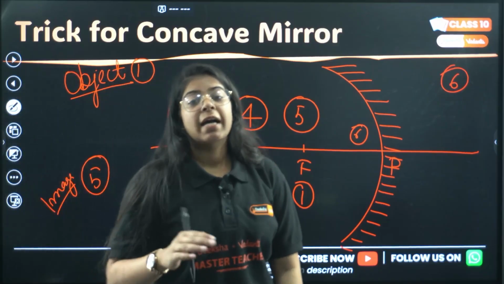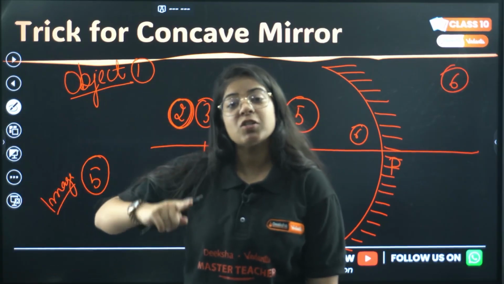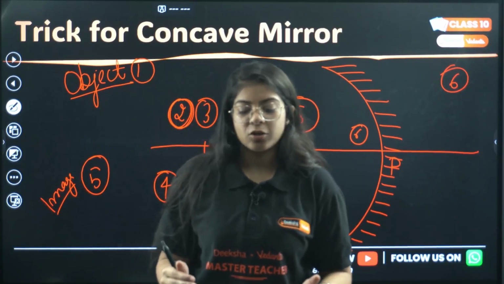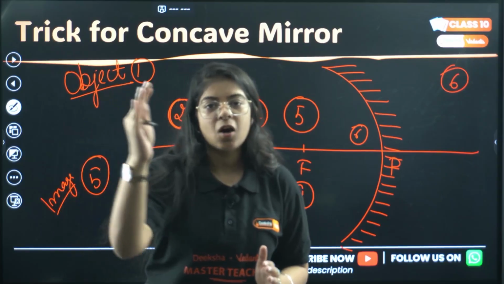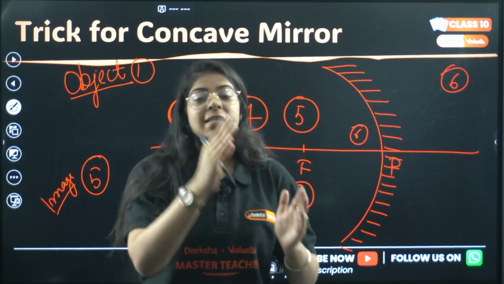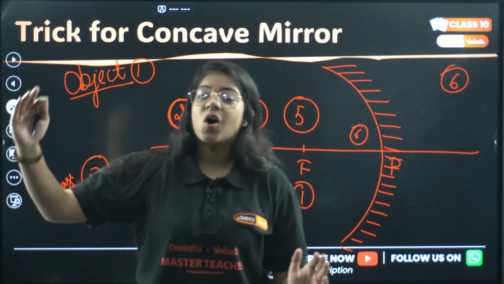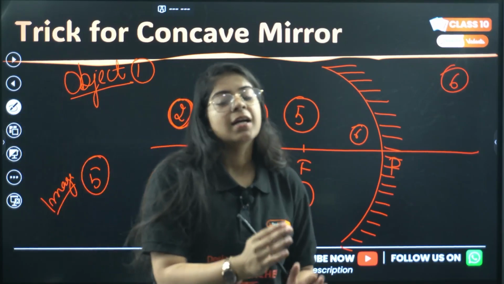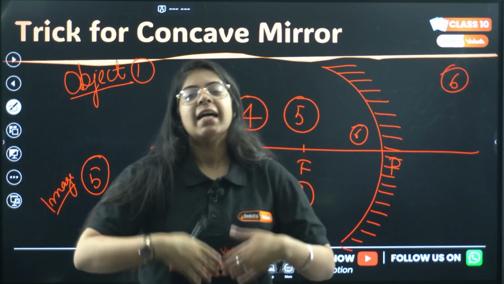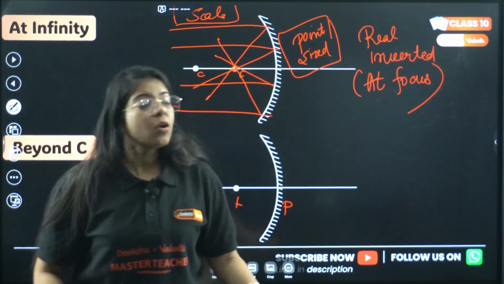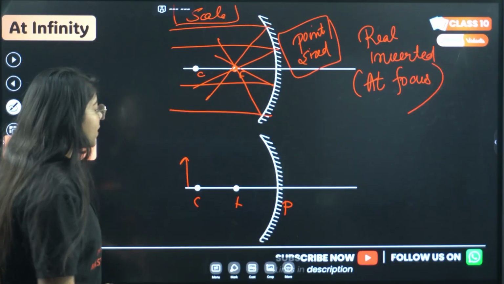Beyond curvature, it will increase. The size of image will be greater than size of object. So as you bring the object closer to the mirror, the size of the image will keep increasing. Okay, let's see now. Now it's beyond C. So this is my object.